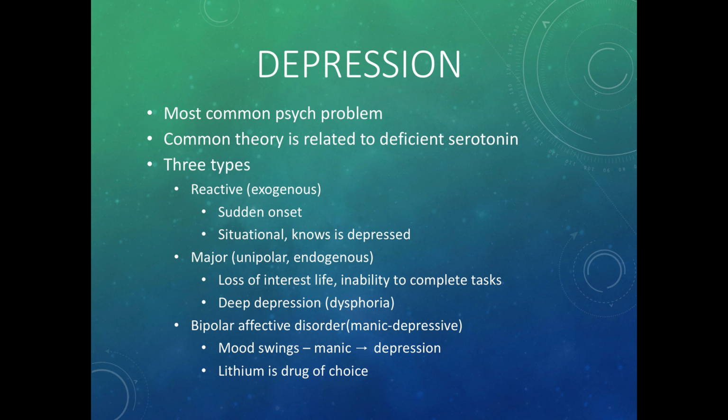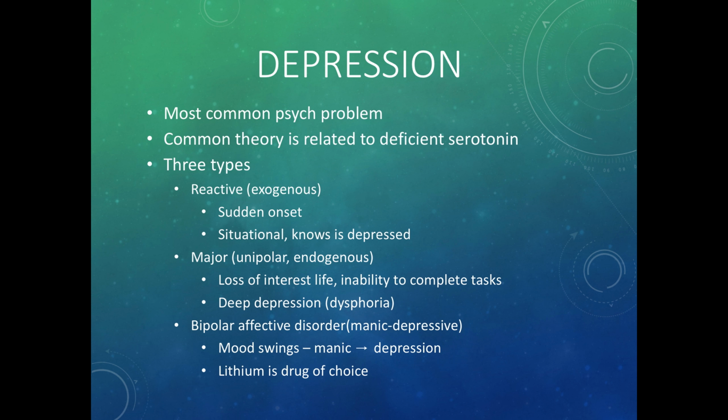Some of the social and environmental factors in the patient's existence can also contribute. So patients can have something called situational depression, and that's most common when they've experienced major losses, loss of a loved one, or they're diagnosed with a serious disease.